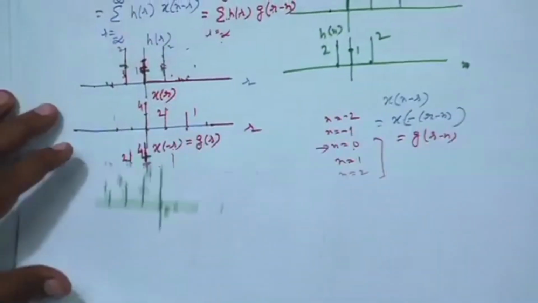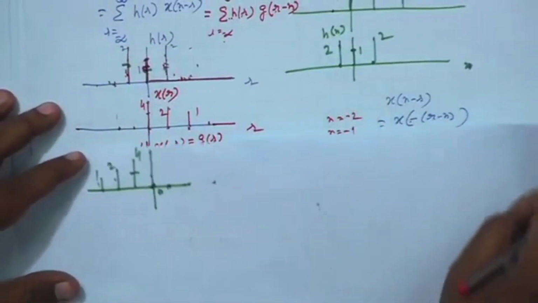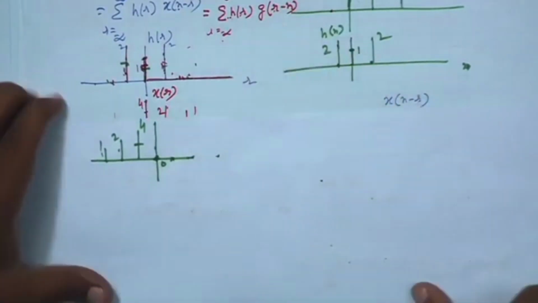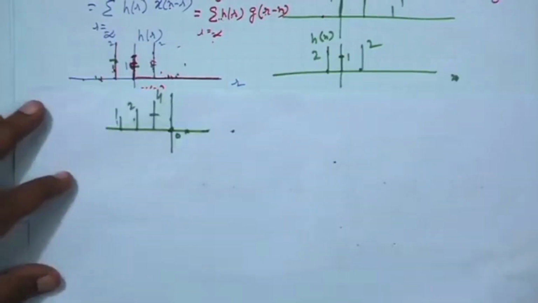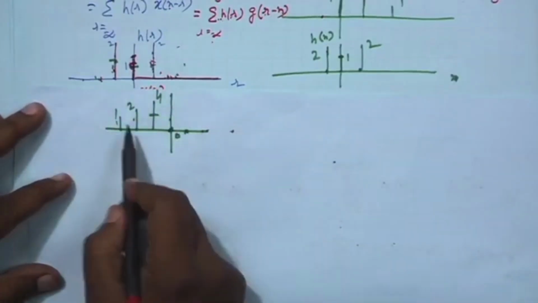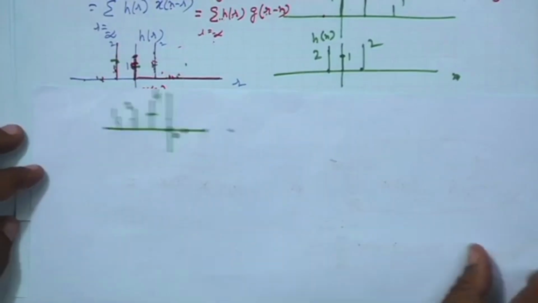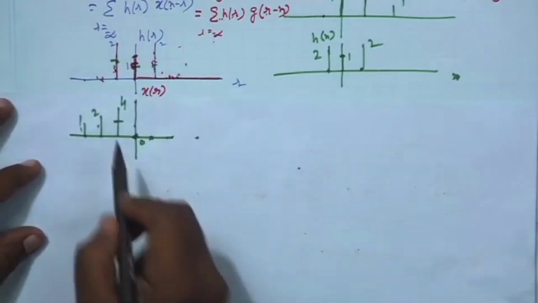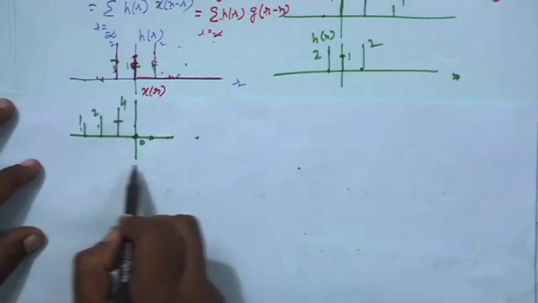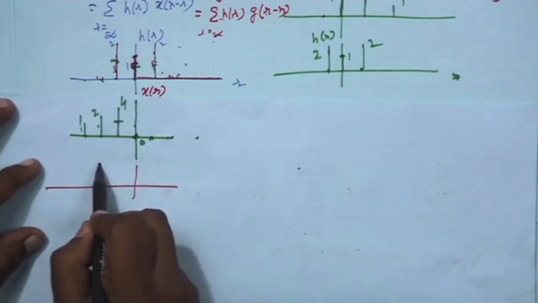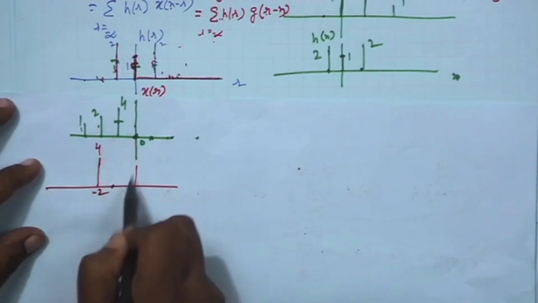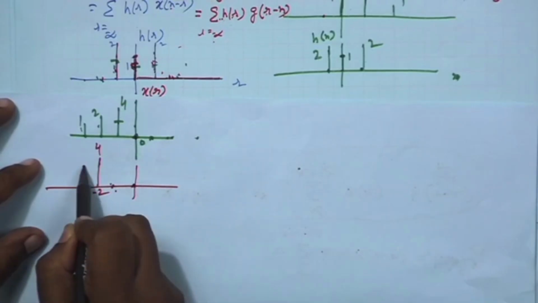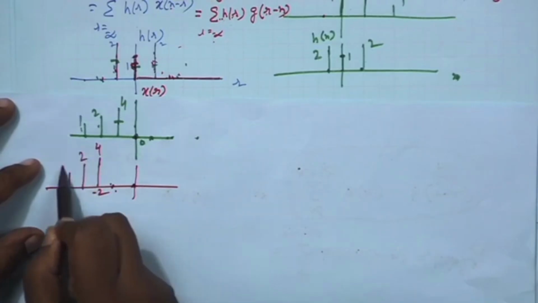If I go further back, n equal to minus 2, it will be gr plus 2. So gr will be shifted back by 2, that is, it is already shifted by 1 to the left, 1 more. 4 will come here at minus 2. This 0 will move here, another 0 here, like that, 4, 2, 1, dot, dot, dot.